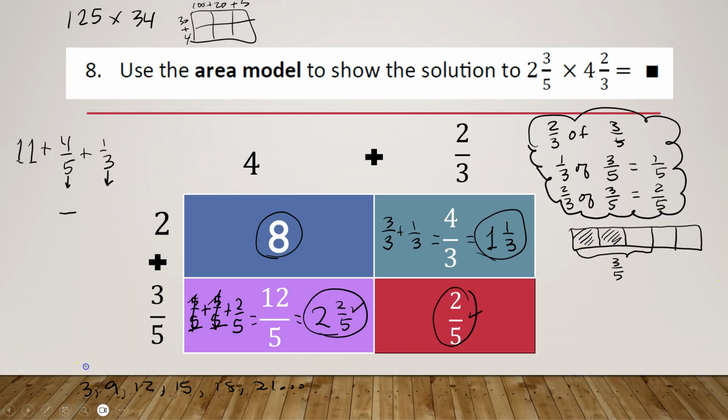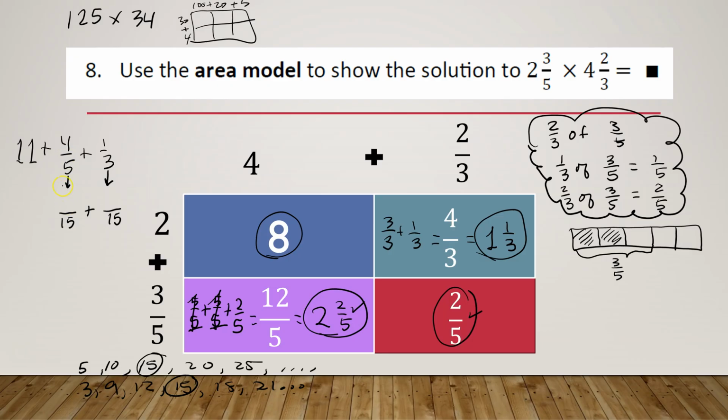Multiples of 5 are 5, 10, 15, 20, 25, and so on. So the common multiple is 15. So we're going to think of these fractions as fifteenths, meaning cut these little pieces into smaller size. And you notice that I didn't draw pictures because we have already reviewed that before.